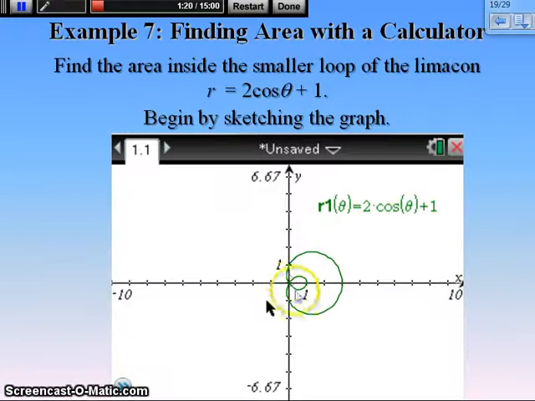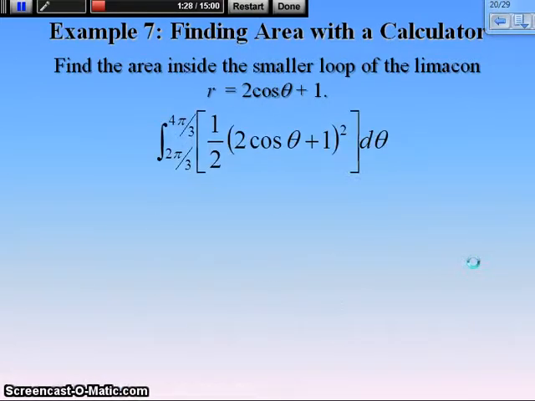Now how do we find inside the loop right here but not the whole thing? Well, it's very simple. I find the angle measure where we get to the origin, and then I find the angle measure again when it circles back around after going through this inner loop. Again, use your tables, and you come up with 4 pi over 3 and 2 pi over 3. Another way you could do that is you could set this equal to 0 and solve.